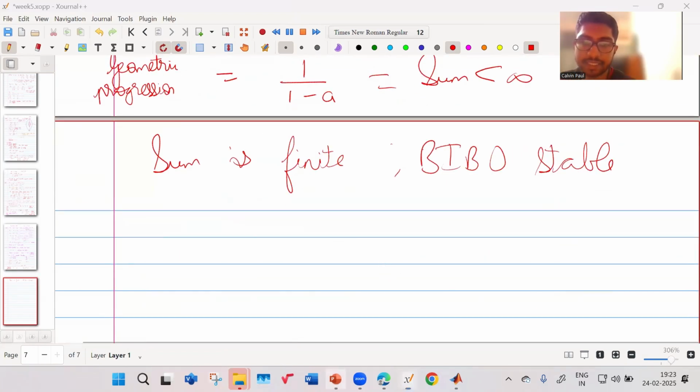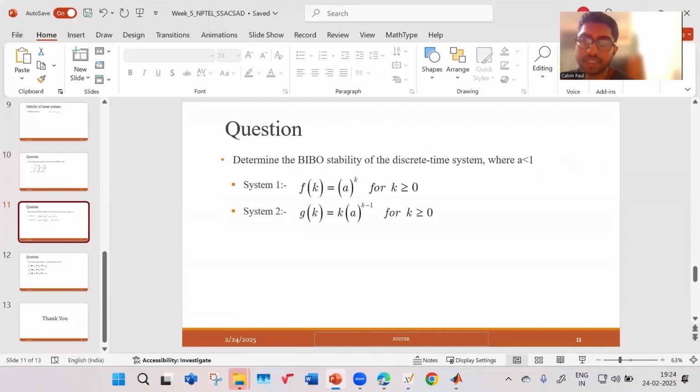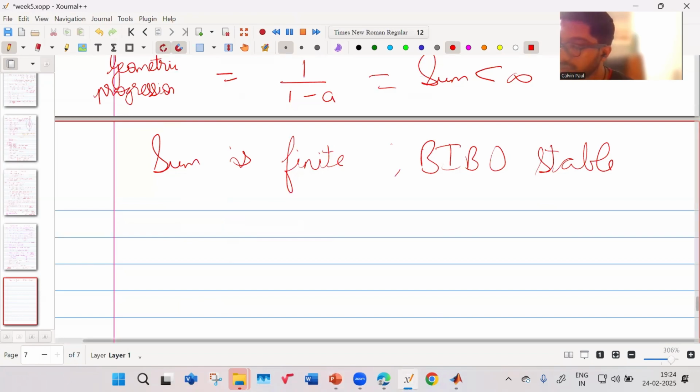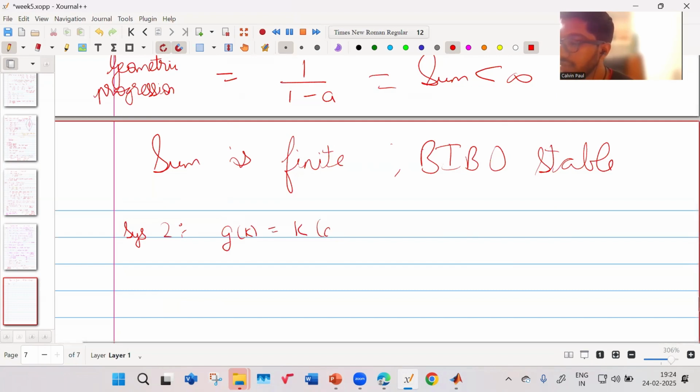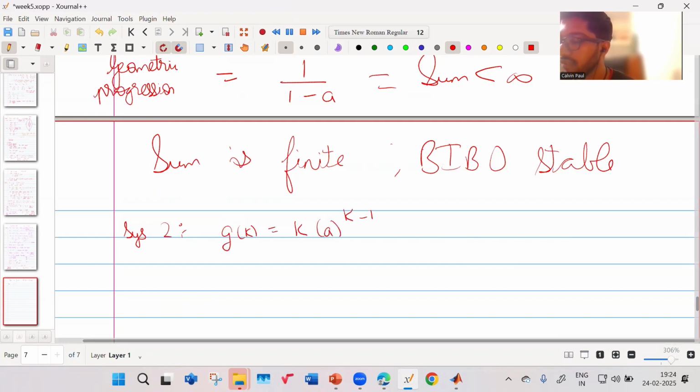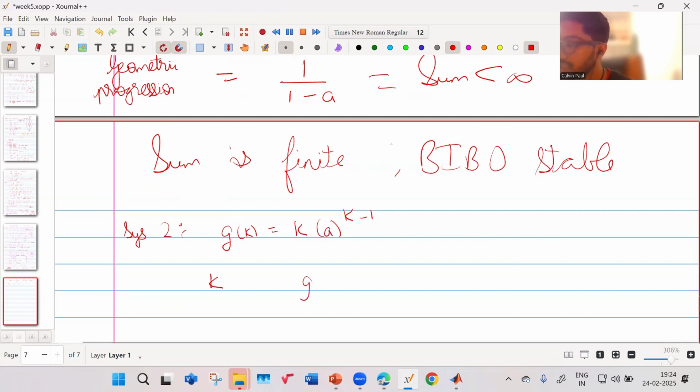Now let us consider the next case, system 2, where g of k is equal to k into a raised to k minus 1. So that means, let us say this is k, this is g of k.